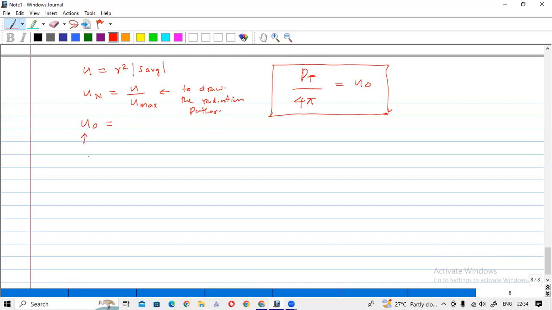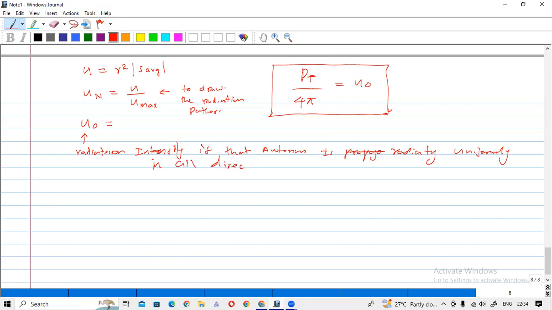This is the radiation intensity if that antenna is radiating uniformly in all directions, as an isotropic radiator.